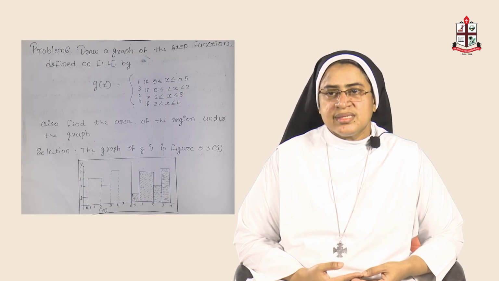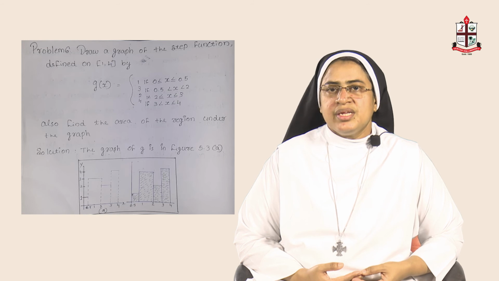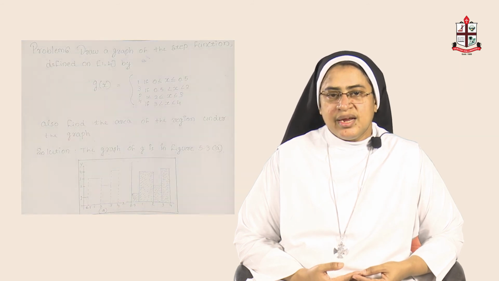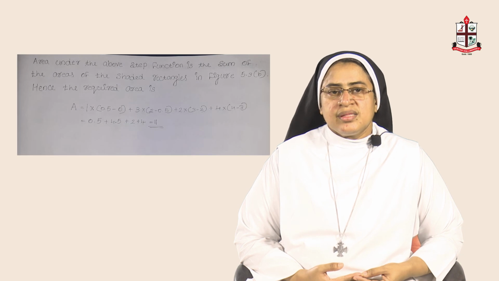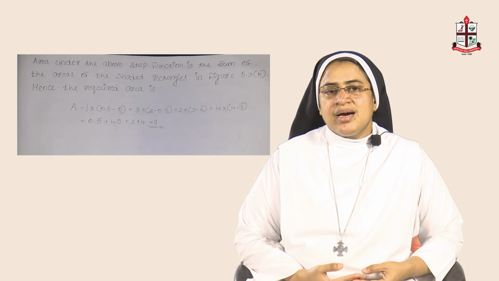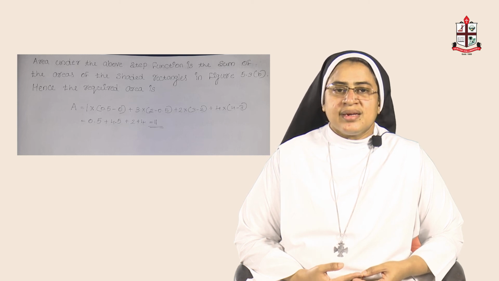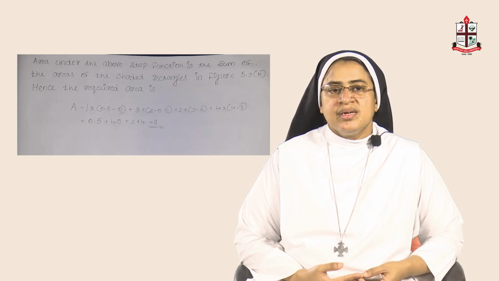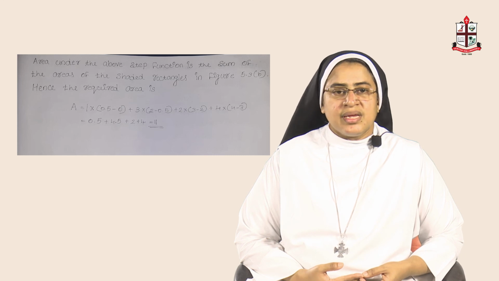What you are going to do is add each rectangle in the next slide. You can see that is the area under the above step function g. It is a sum of the areas of the shaded rectangles in the figure. The figure is enlarged in the next slide and you can see it.